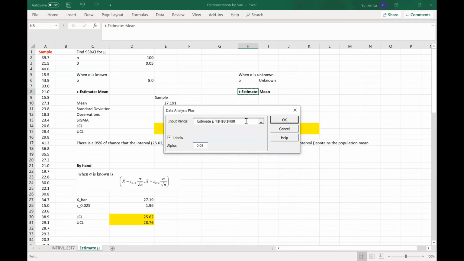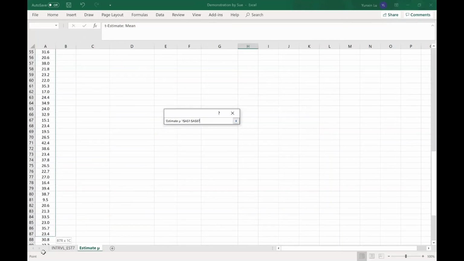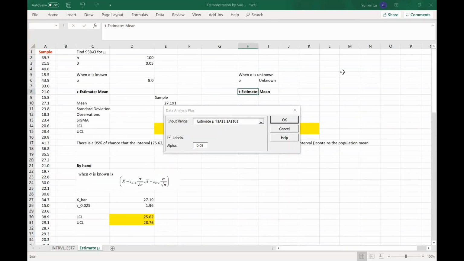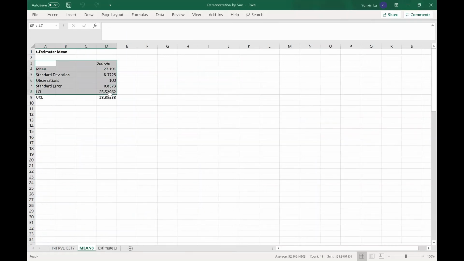Okay, we input the range, also the same, from the first row to the last one. Because we include the first row, we take labels, and alpha is what we calculated before. Okay, we get the result here.